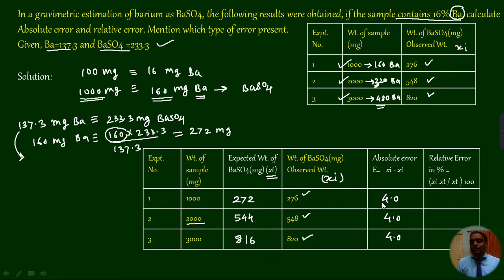This is the true value, and you will get 1.47, and then 0.74. After calculation, you will get 0.49.